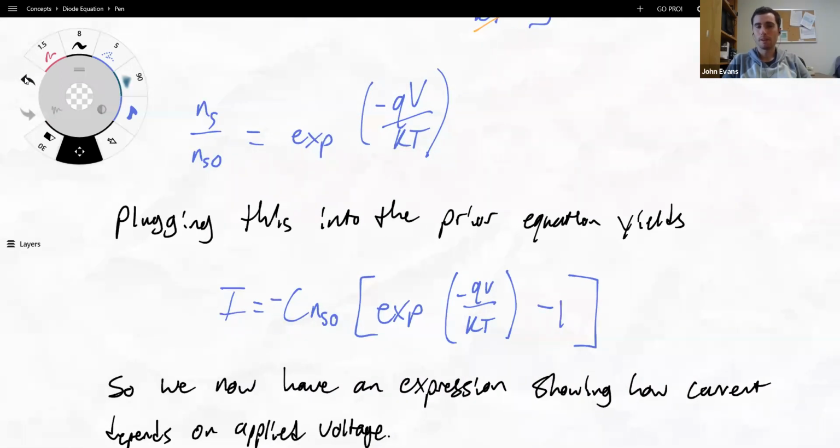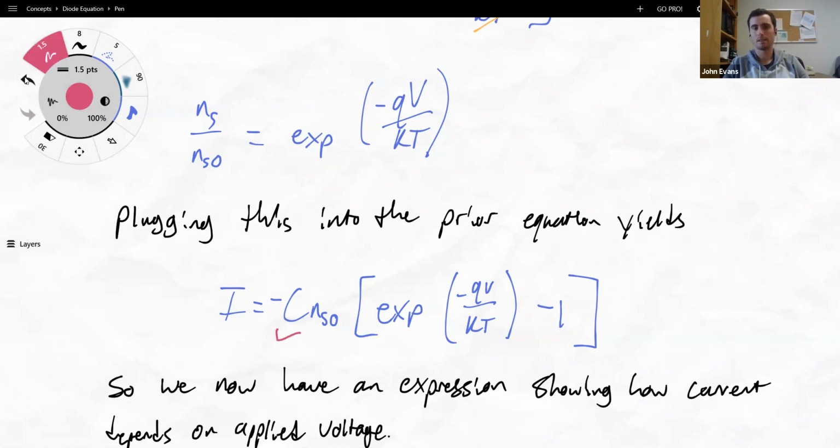All right, now if we plug this into our equation from before, we get that still big constant minus C multiplied by the equilibrium electron concentration at the surface, now multiplied by exponential of minus Q times V divided by KT minus 1.